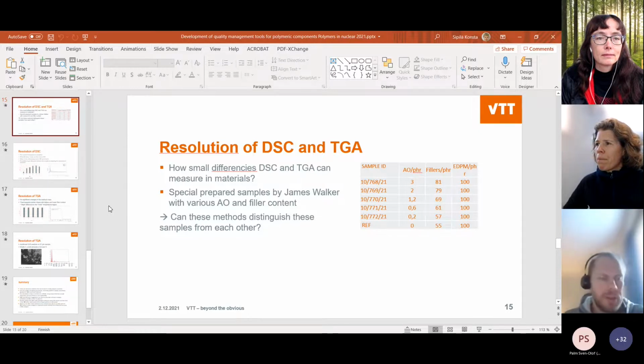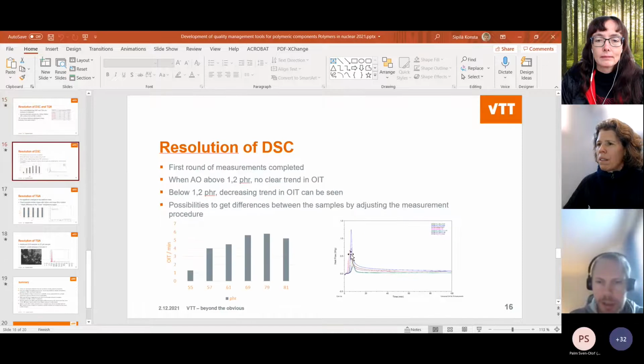Yeah, exactly. Our perspective was that the antioxidants are consumed before we see the exothermal peak here, so it would affect the position of this peak in this graph. We thought that the more antioxidants you have, the more the peak would shift in this direction. So it's not really an OIT, it's a different, or what's?